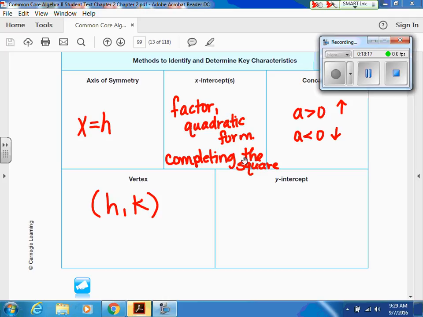There you go. No trick on y-intercept on this one either. There's no like, oh, it's that. You have to substitute the 0 in for x and solve for y.